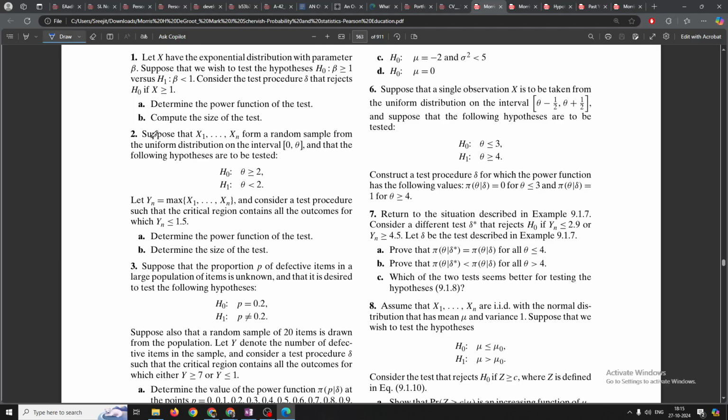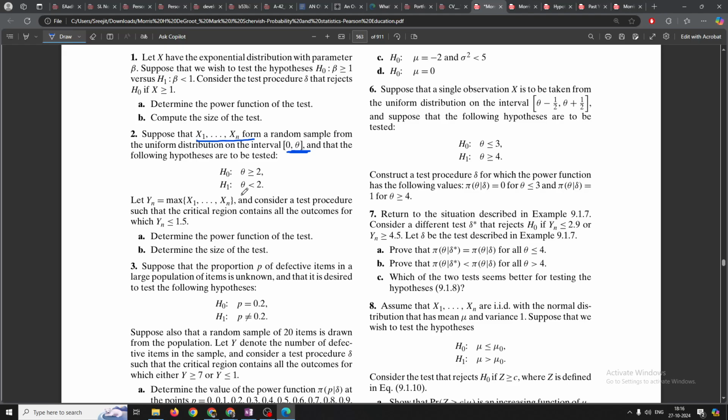This says suppose X1, X2, ..., Xn is a random sample from a uniform distribution on 0 to theta, and the following hypothesis is to be tested. I want to see if theta is any number greater than or equal to 2 or if it is anything less than 2.